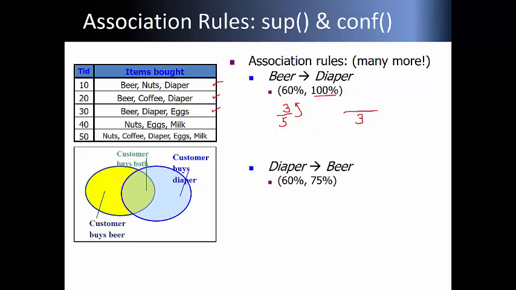So 3 out of 3, which is 100%. Confidence is not computed based upon the entire table, but only those records that satisfy the if condition.